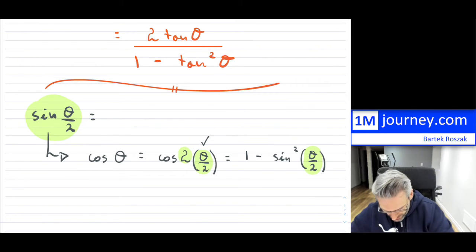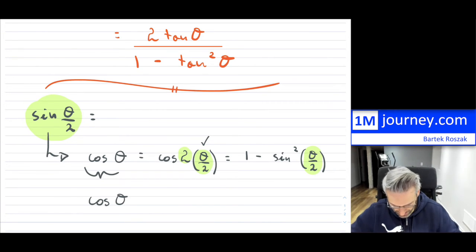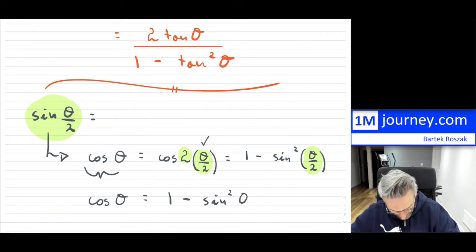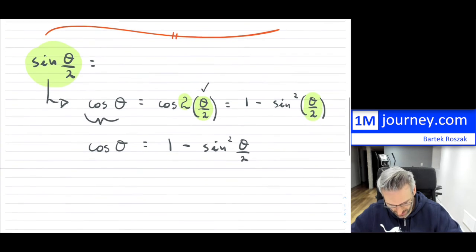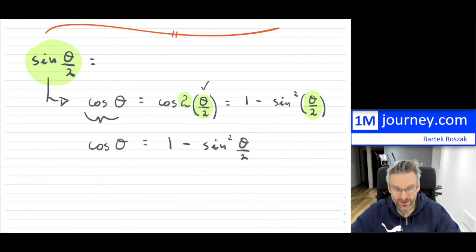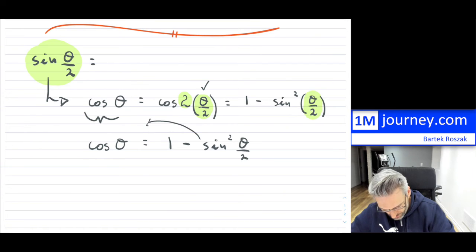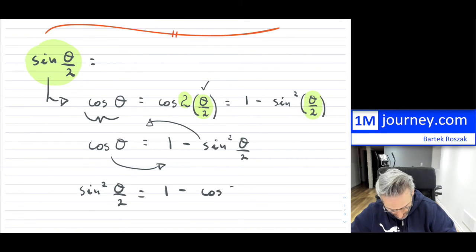So what I have is cos theta is equal to 1 minus sine squared theta over 2. Now solving for sine theta over 2, I'm going to bring this term back to this side, and that term back to that side. So I get sine squared theta over 2 is equal to 1 minus cos theta.